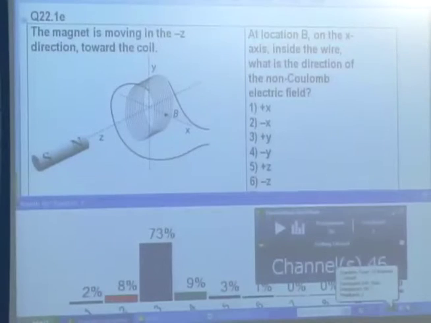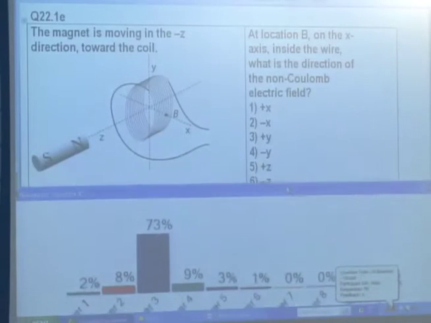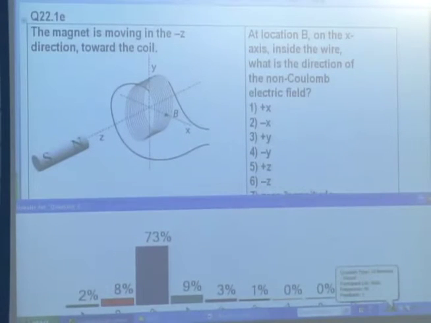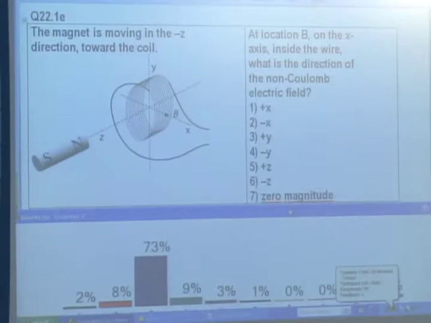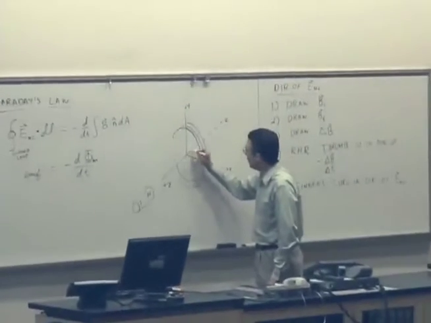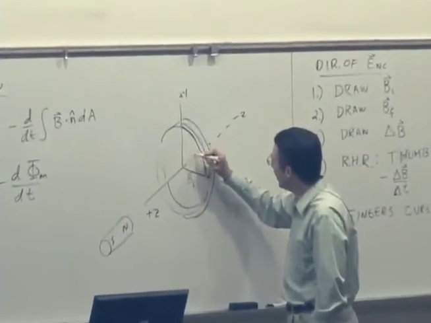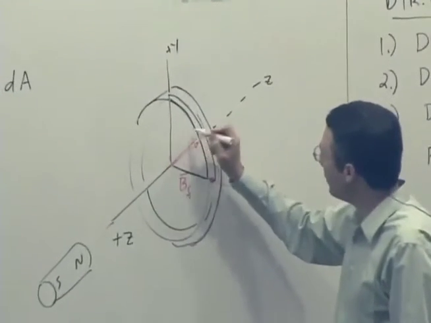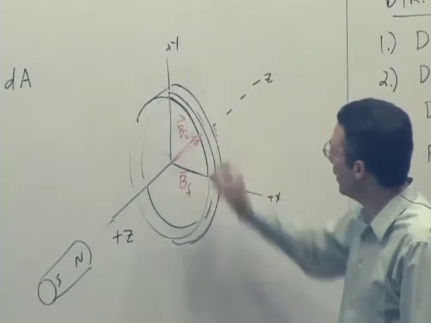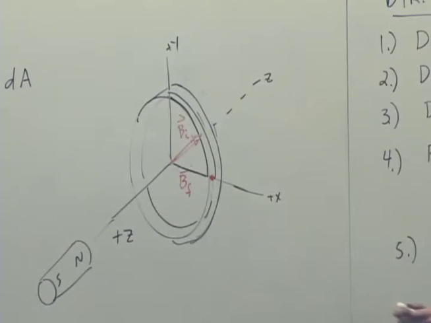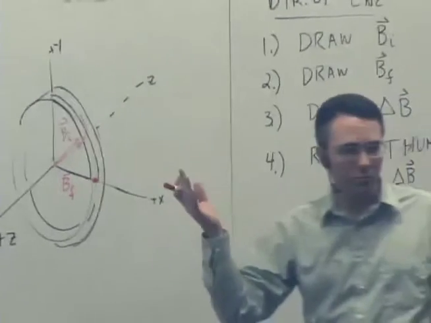We get the positive y direction, right? Because we start by drawing the magnetic field, which is still going to be pointing into the coil here in the negative z direction. So that's B initial. And if we move it closer, then the magnetic field will increase.